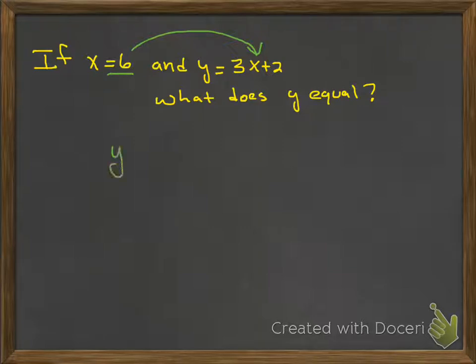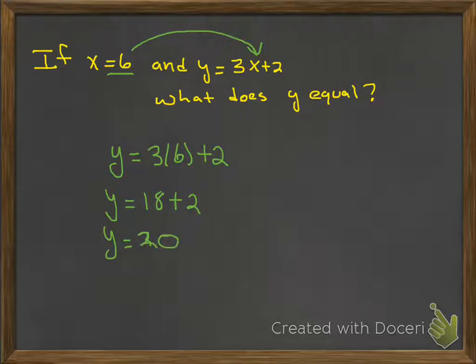So we end up with y is equal to 3 times 6 plus 2. So then y is equal to 18 plus 2. y is equal to 20. And we've done something like this before, that if we know what x equals, we can solve for what y is equal to.